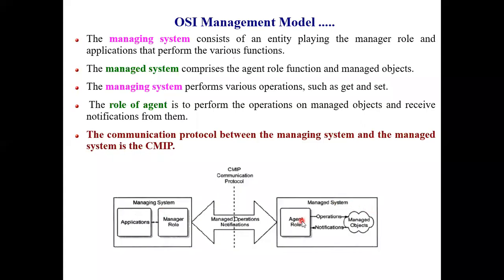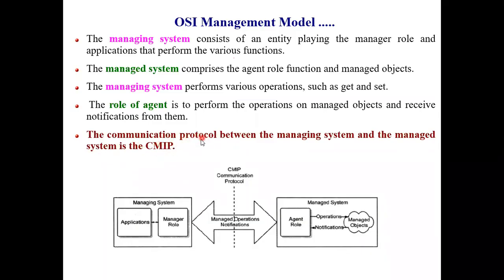So if you are told to give the definition of CMIP, what is CMIP? The full form, yes, it is the Common Management Information Protocol, and common is not communication. It is the communication protocol between the managing system and the managed system. Here C is not communication, it is Common Management Information Protocol.